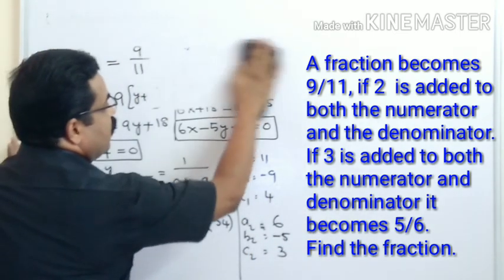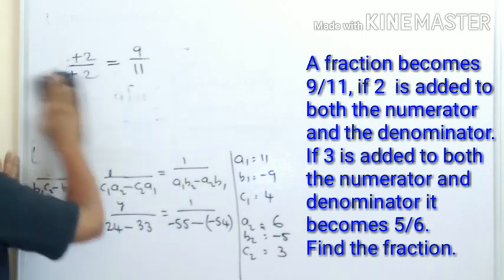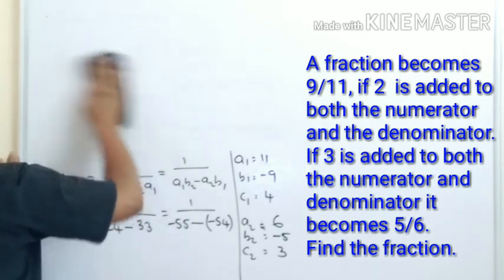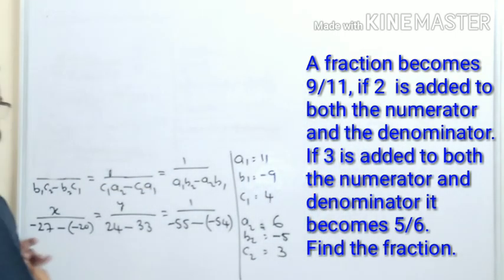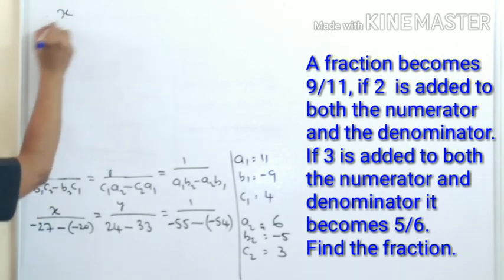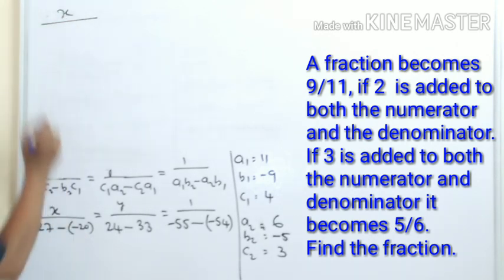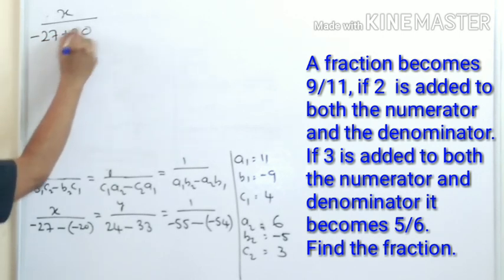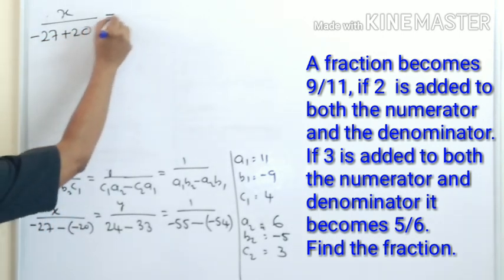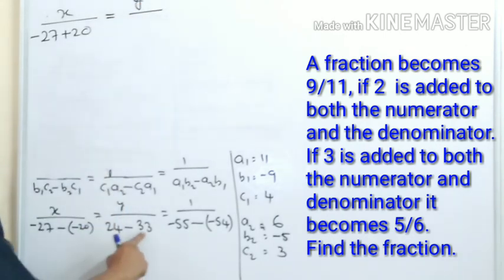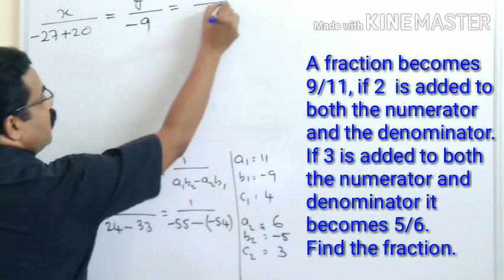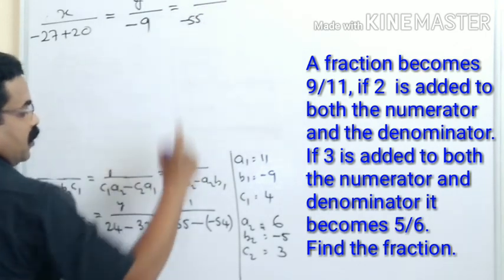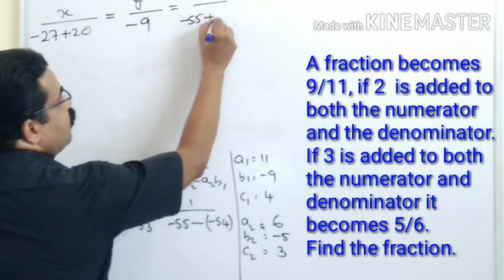I hope you have completed this part. So now we will solve it. So x upon minus 27 plus 20, minus into minus will become plus, is equal to y upon 24 minus 33, that is minus 9, is equal to 1 upon minus 55, minus into minus plus 54.